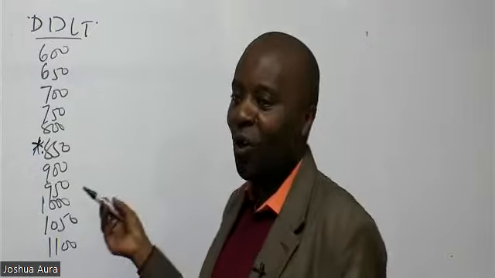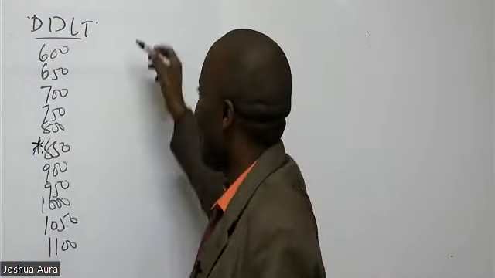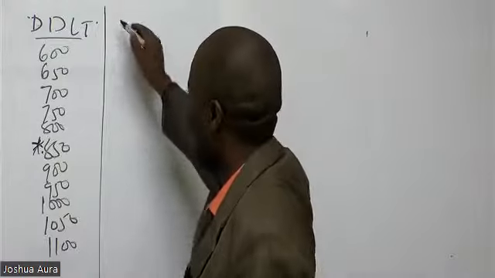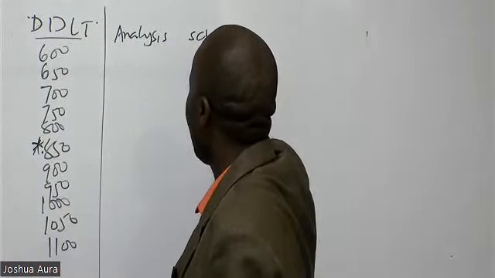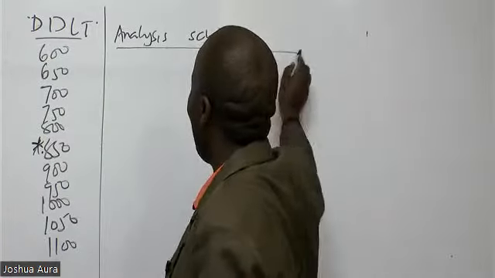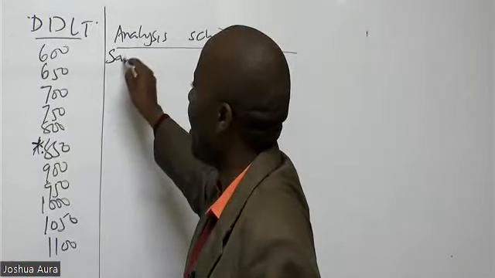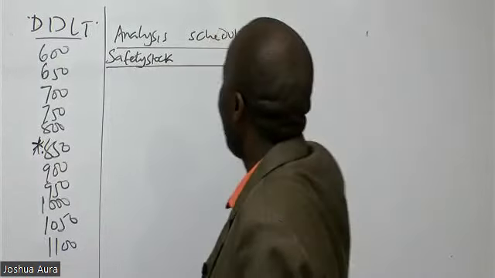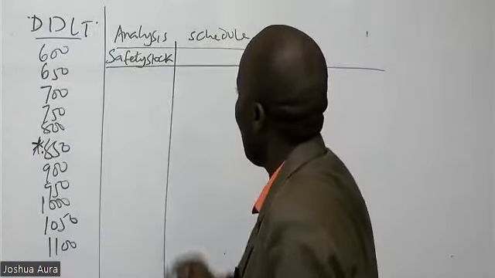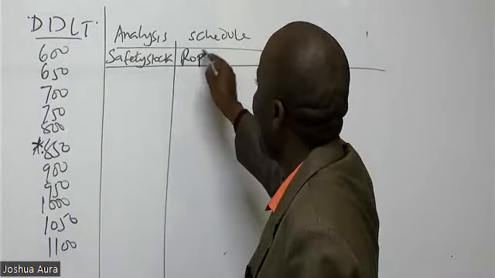Now, once I've been able to attack that, I'll come and do a very special table, call it an analysis schedule. Sasa umeanza kuzoea, lazima uanze na column ya safety stock. Tuko na column ya reorder point ROP.